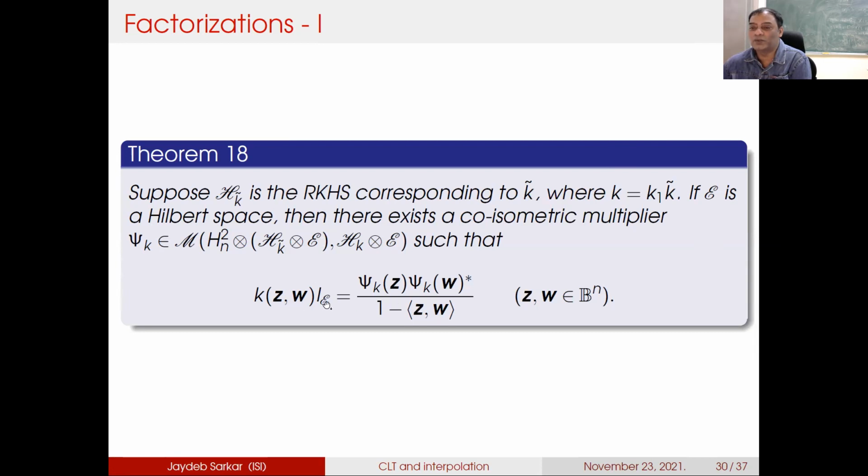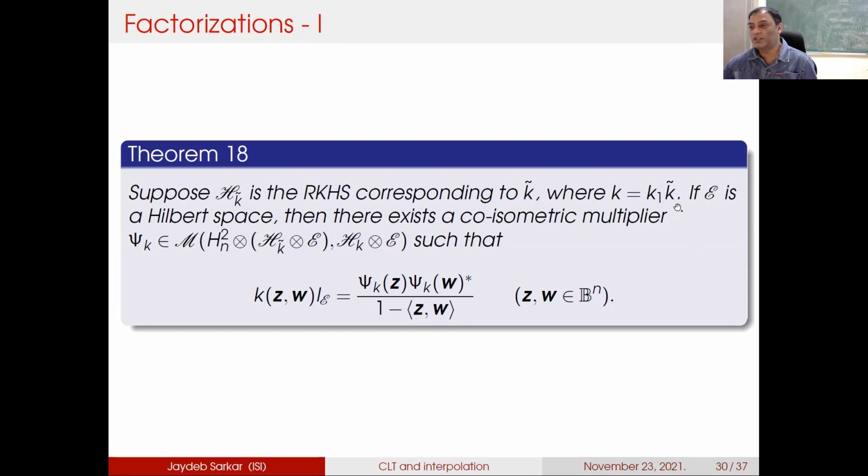such that your kernel K has this representation. So K(z,w) times the identity on E, that's the kernel function for the H_K space, equals psi k(z) psi k(w) star over 1 minus inner product of z and omega. Essentially, you have to play with the evaluation map. Your K is going to be K1 times the evaluation map for the H_K tilde.